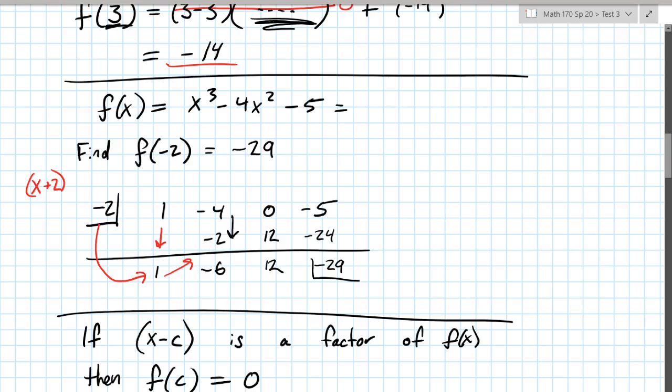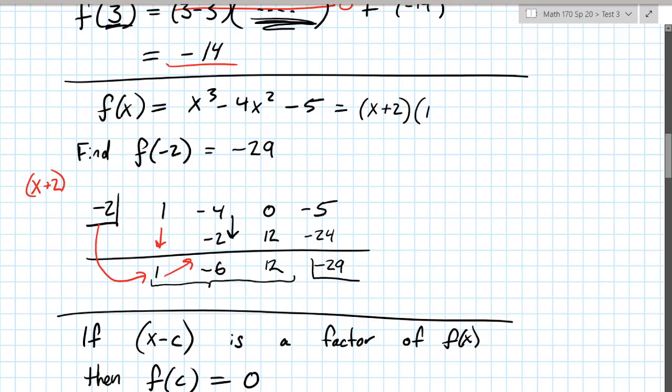If we want to write it in terms of our notation before, we can write f of x equals x plus 2 times, notice down here, these are the x squareds, x and number terms.